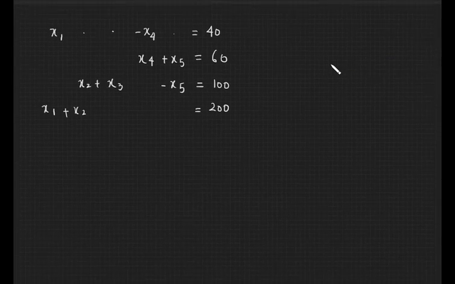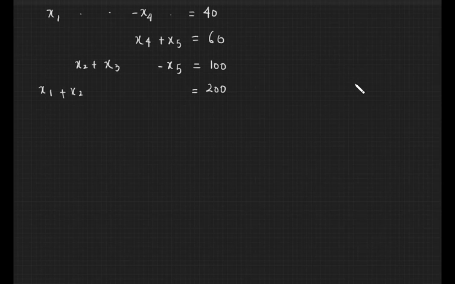If we write this system of linear equations into the matrix equation, we can write it as Ax equals B, where A is the matrix known as the coefficient matrix, obtained by listing all the coefficients of this system. X is the column vector whose elements are x1, x2, x3, x4 and x5, and B is the constant vector whose elements are 40, 60, 100 and 200.